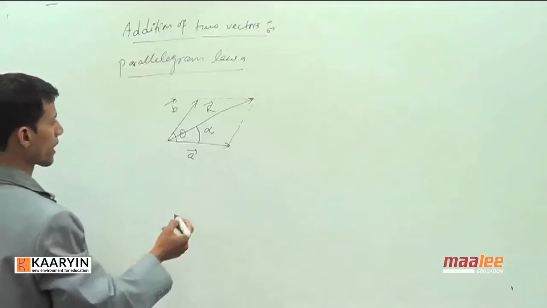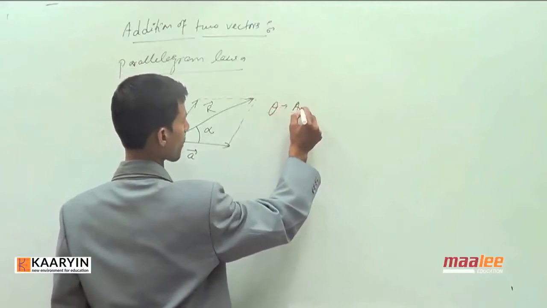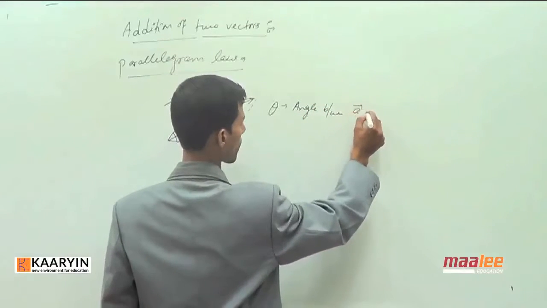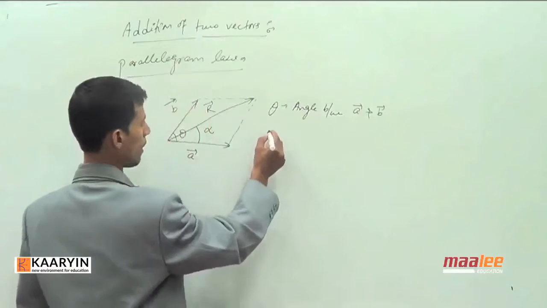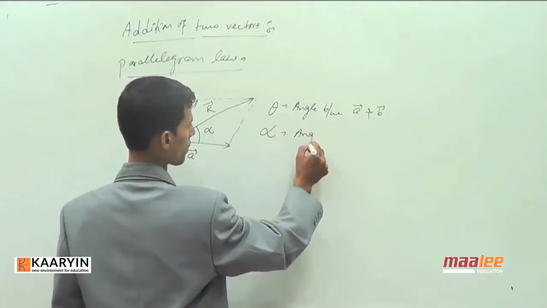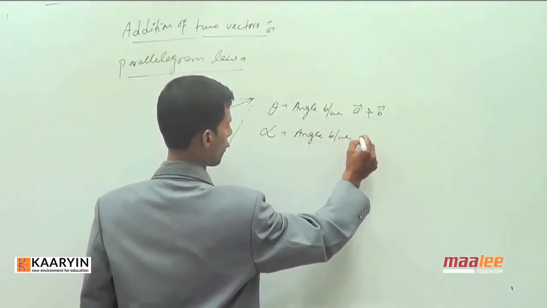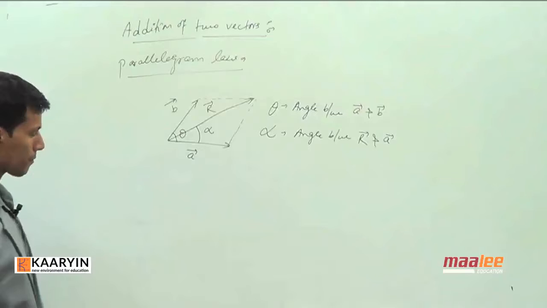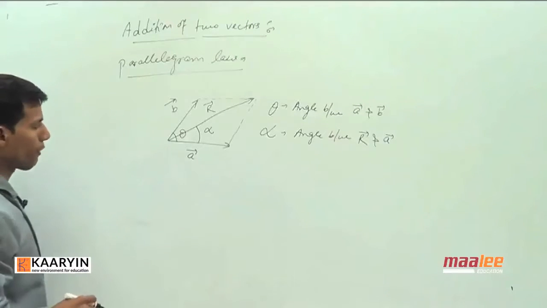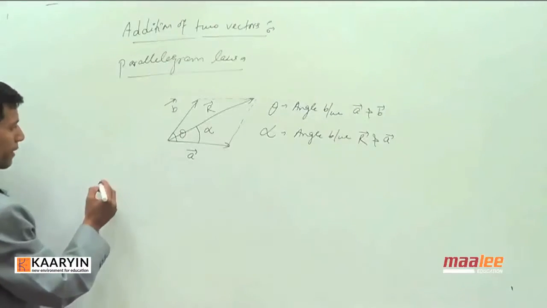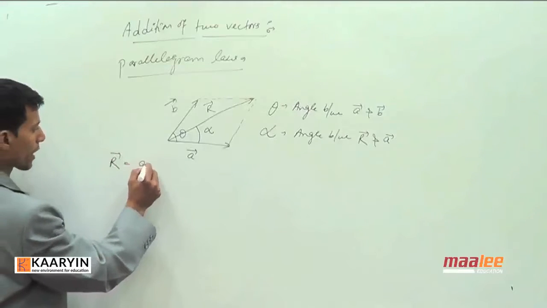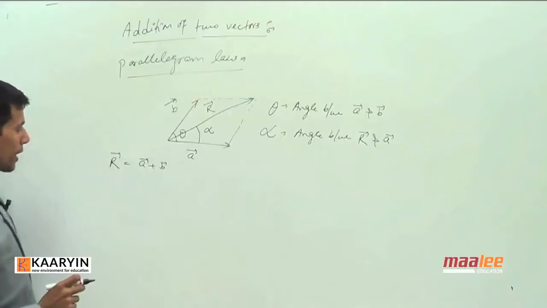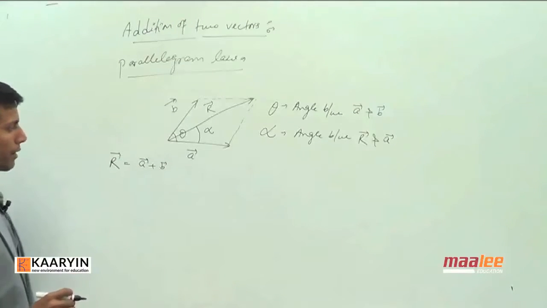So here what we are saying, theta is the angle between vectors A and B, alpha is the angle between vectors R and A. We are not going to prove the formula, but the resultant R equals A plus B. So R is called the resultant or the sum of two vectors.